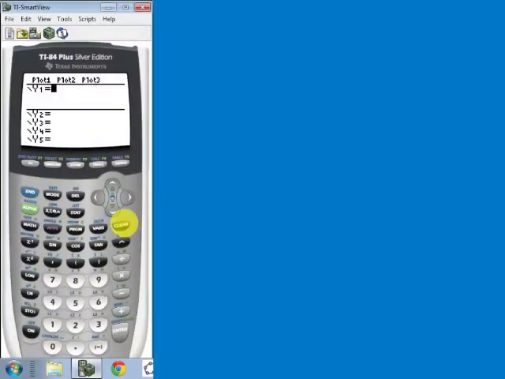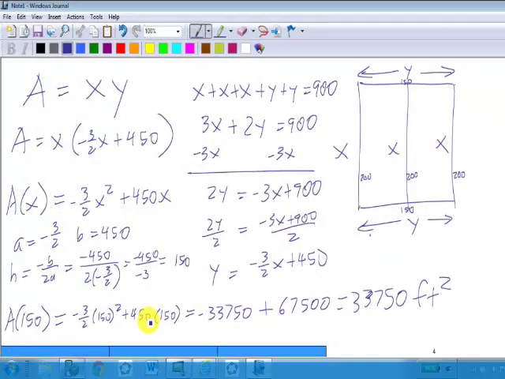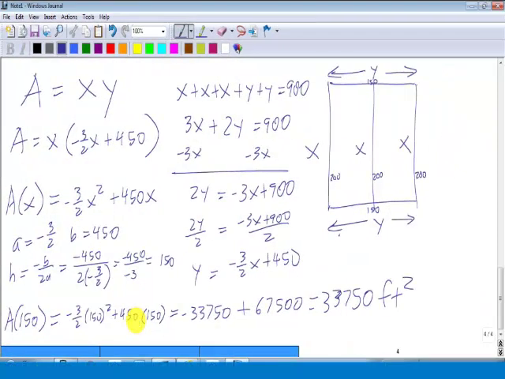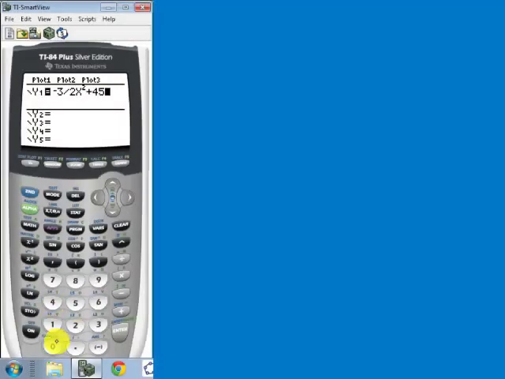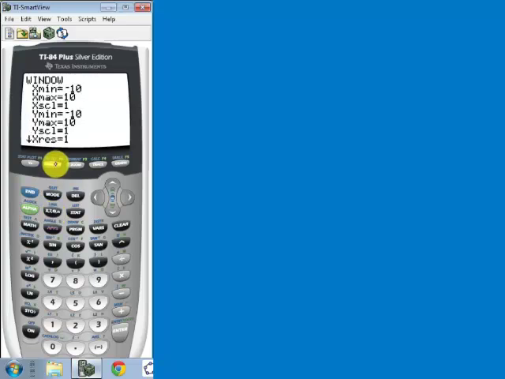If you graph y equals negative 3 halves x squared plus 450x, let's pick out a good viewing window before we press the graph button. The x values represent how wide the thing should be. We've seen 100, 150 looks like the maximum value, 200.